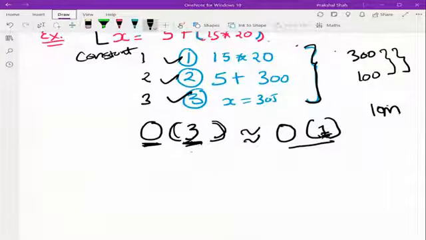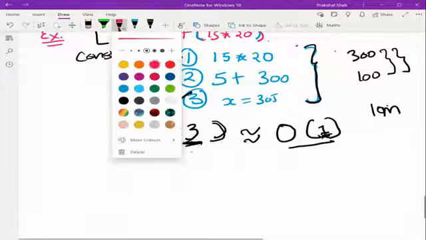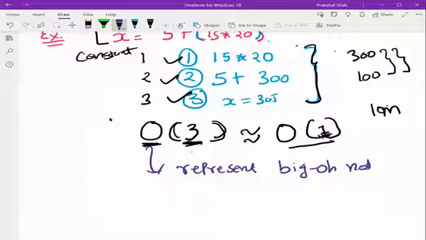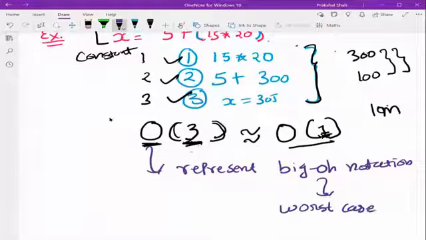Now, is everyone clear with this particular case? So this is nothing but a way to represent big O notation. This is nothing but my worst case, to represent my worst cases. For the average case it's theta, and for the best case it's omega.